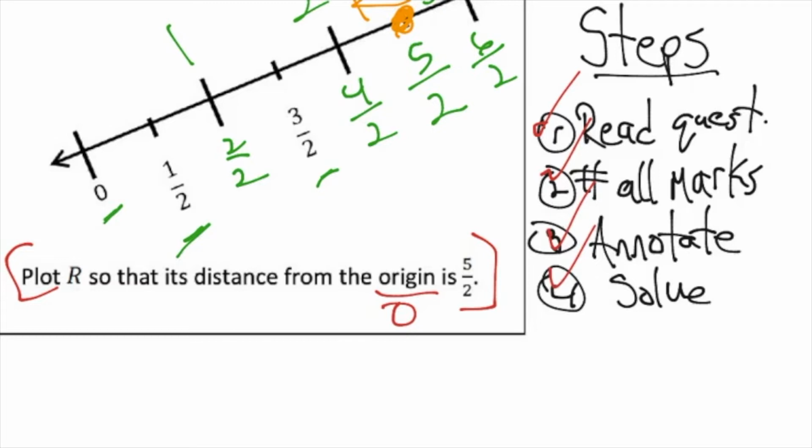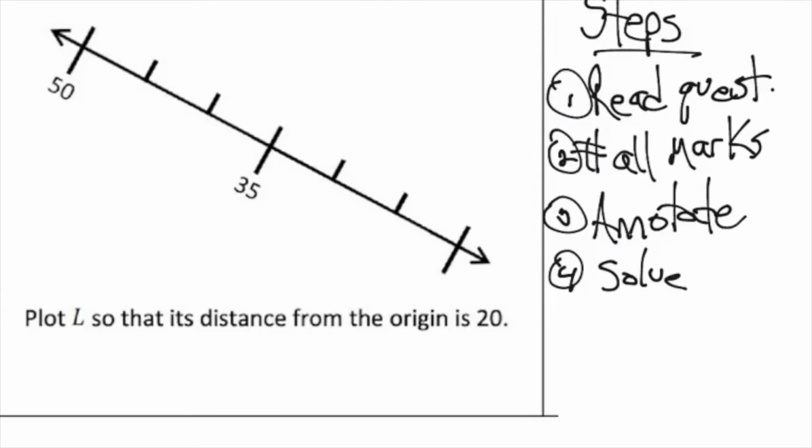Great job. C. Step 1. Plot L so that its distance from the origin is 20. Step 2. Number all marks.